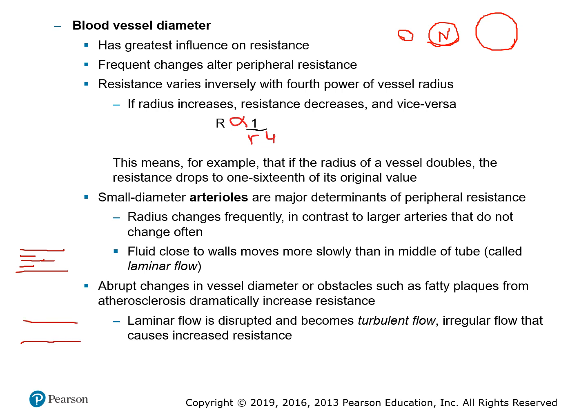The flow was going like this. It was laminar. Then in this vessel wall there is an atherosclerotic plaque. So these are like fat deposits in the vessel wall. They are just present, and they are an obstacle to the blood flow.